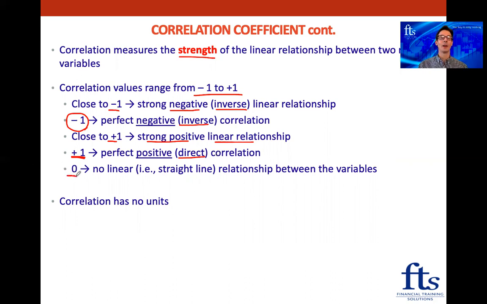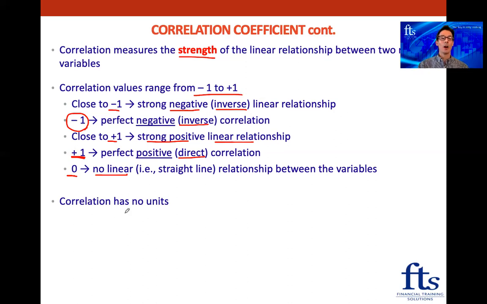If it's 0, then there is no linear or straight line relationship between the variables. So the closer the correlation is to 0, the weaker the relationship. The closer we are to -1 or +1, the stronger the correlation. If it's negative, then it's negative correlation. If it's positive, then it is positive correlation.